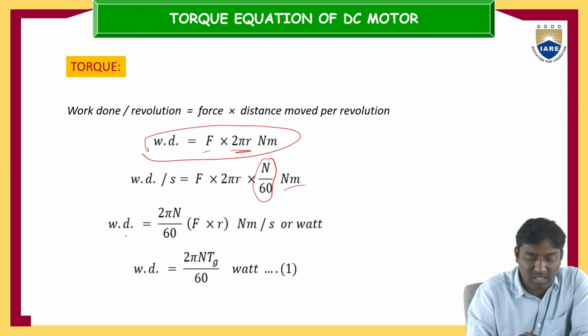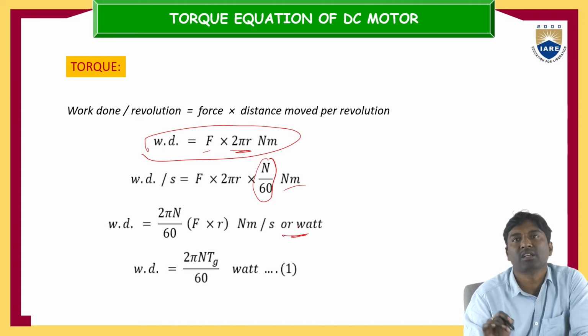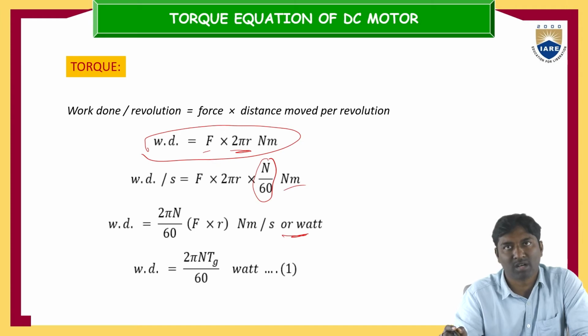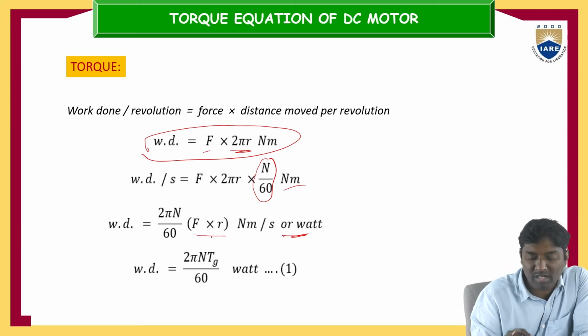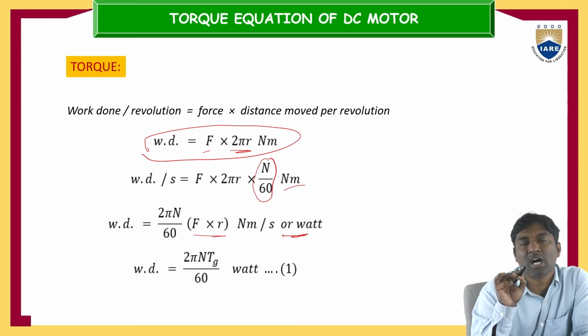Or work done is equal to 2 pi n by 60 into force into radius. That is Newton meter per second, or watts, which is power. Where F into R is the torque, here the gross torque or armature torque.